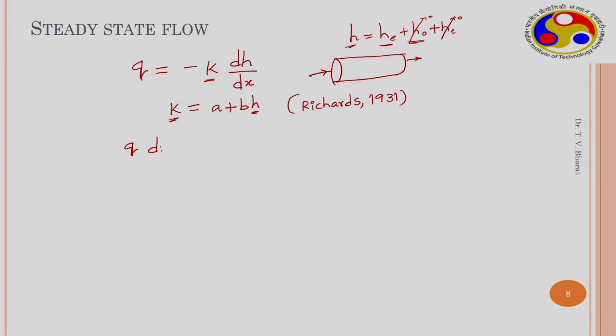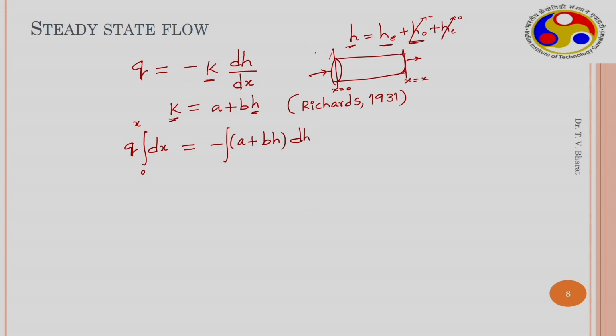dx, you can integrate from 0 to say x. So here minus A plus BH, we integrate this, say for example you have a column here at x equal to 0, and this is at x equal to some value x.